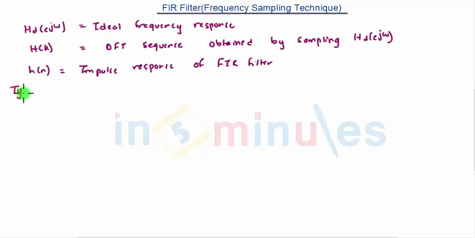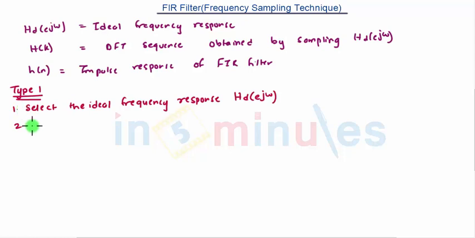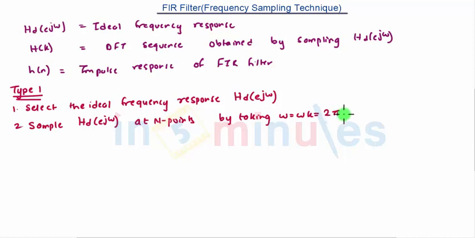It is type 1. The first step is we have to select the ideal frequency response, that is Hd(e^jω). Then sample Hd(e^jω) at N points by taking ω equal to ωk, that is given by 2πk/N, where k ranges from 0 to N minus 1.